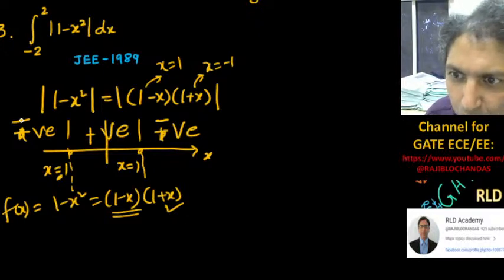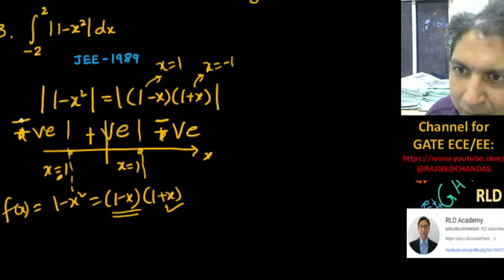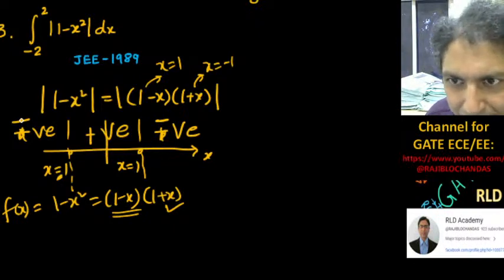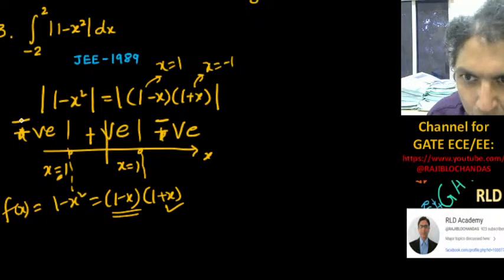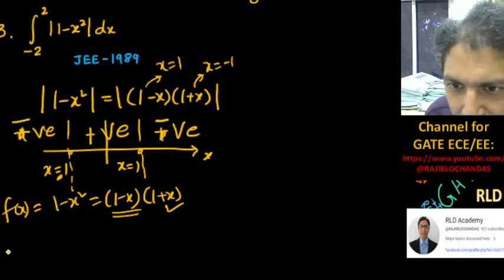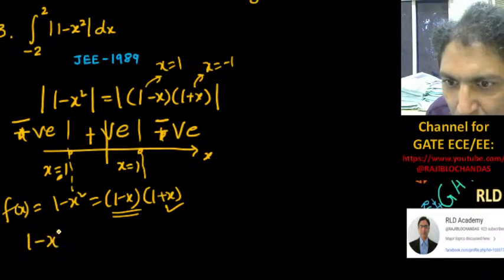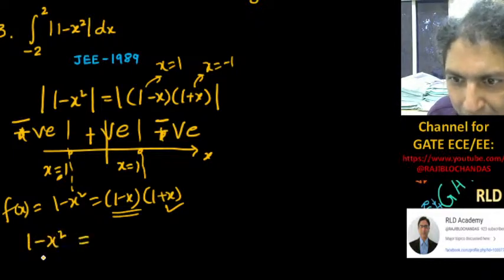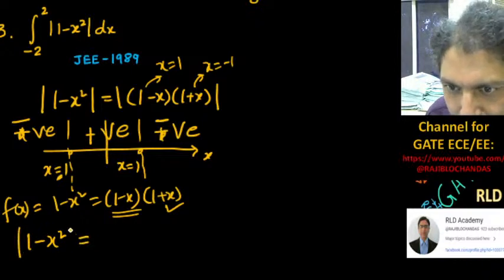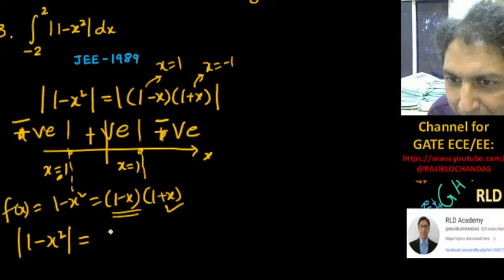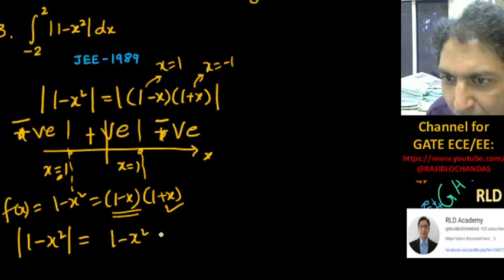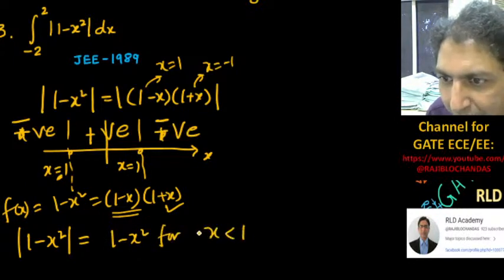So whenever x is more than 1, it is negative, or if it is less than minus 1, it is also negative. Okay, so these are 2 situations, and so I can write that 1 minus x square, its absolute value will be same as 1 minus x square for x within 1 and minus 1.